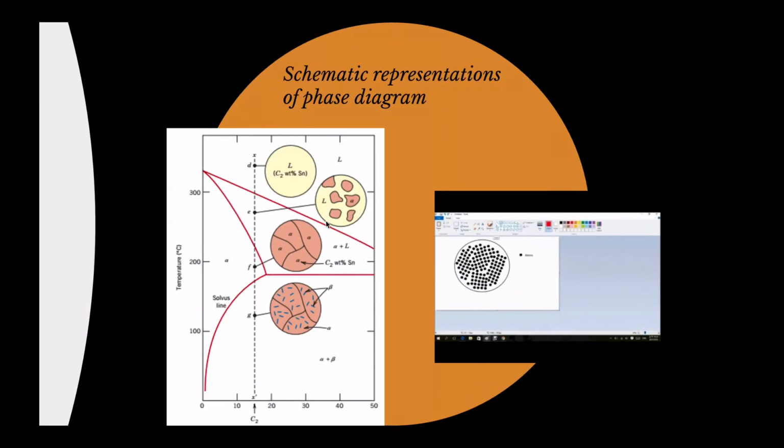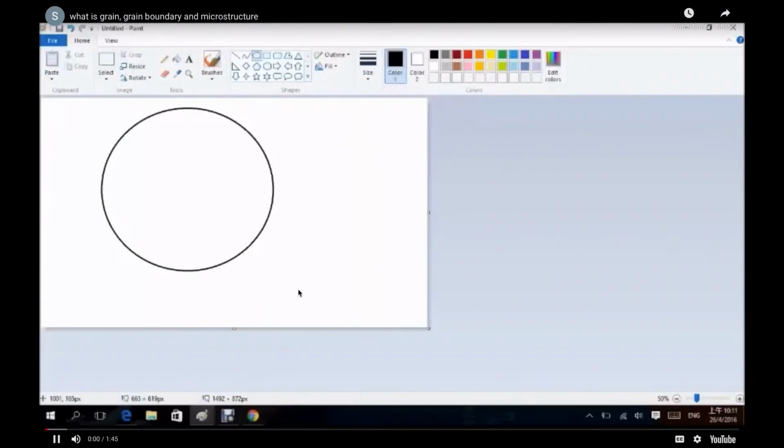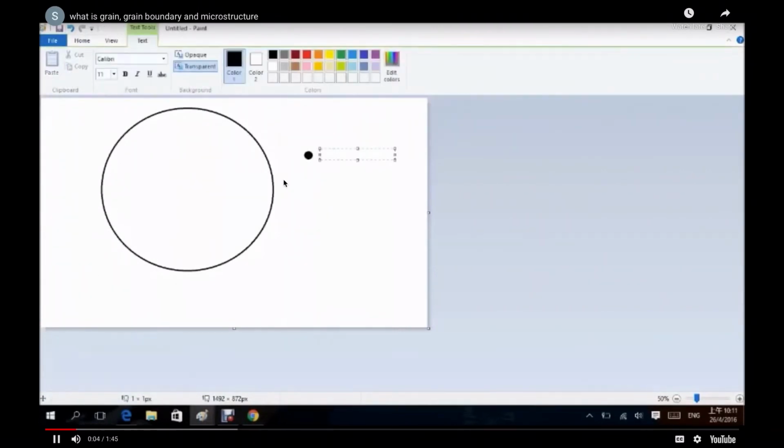So that's why the phase diagram is important, and this is a video to illustrate how the phase, or the arrangement of atoms, can be observed. So what is grain boundary and microstructure? Imagine these are the atoms, the black one here, one atom.